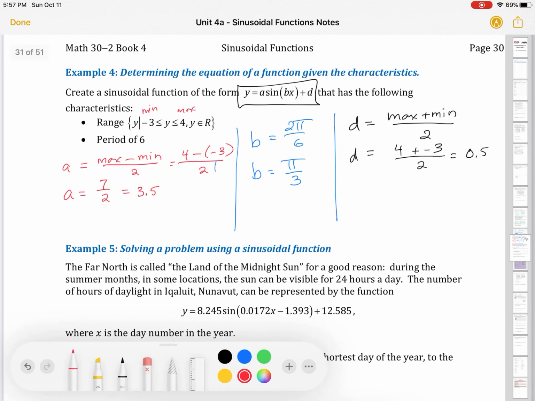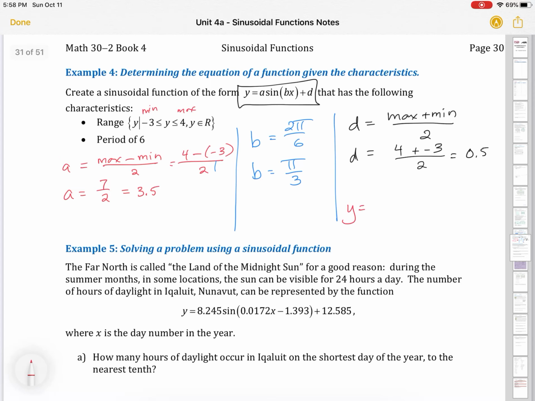So we're going to get y is equal to 3.5 sine, and then pi over 3 for the b, x, and then plus 0.5. So in this case, we're putting it in radians for our b value. It's easier to work with it that way, to express it in that form. Okay?